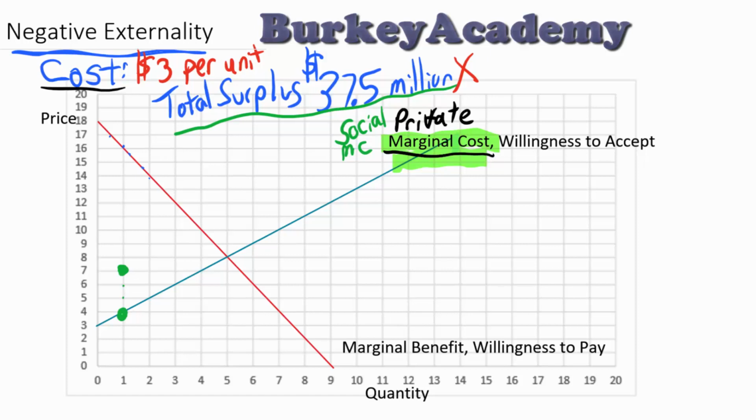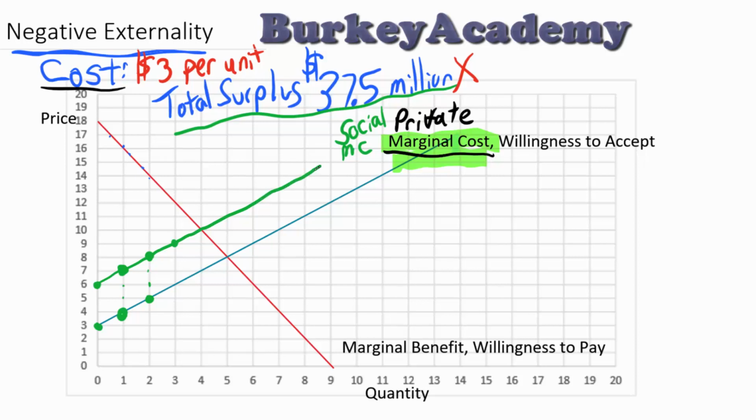So we want to add $3 here. So that's 5 plus 1, 2, 3 takes us to 8, etc. And we're just going to do that for every point. And really, in the end, what's going to happen is instead of the y-intercept of this supply curve being 3, it's going to move up to 6. So let's sketch out what this supply curve is going to look like here.